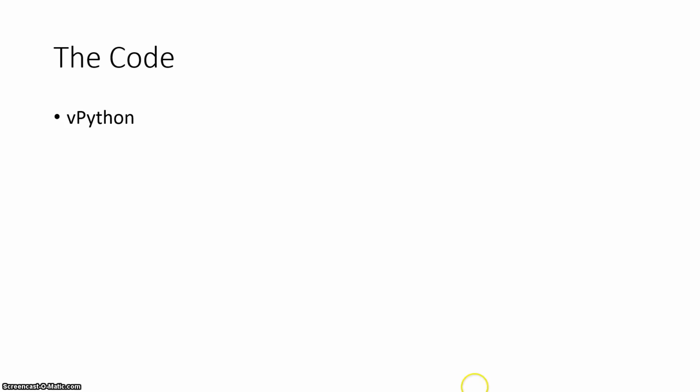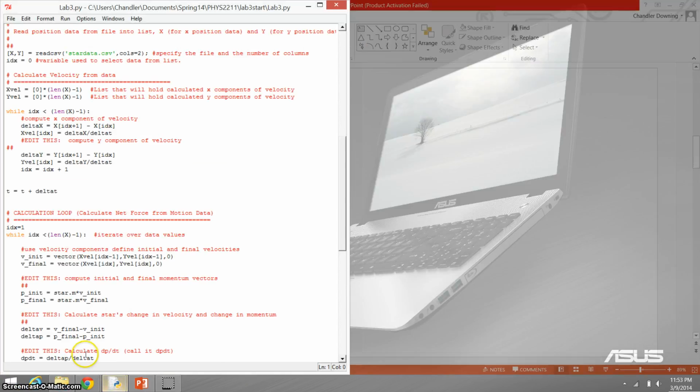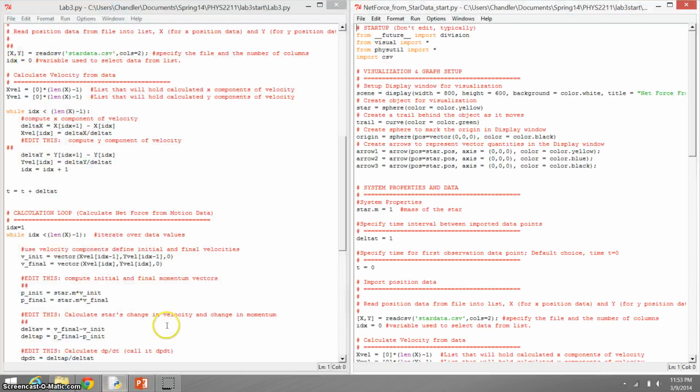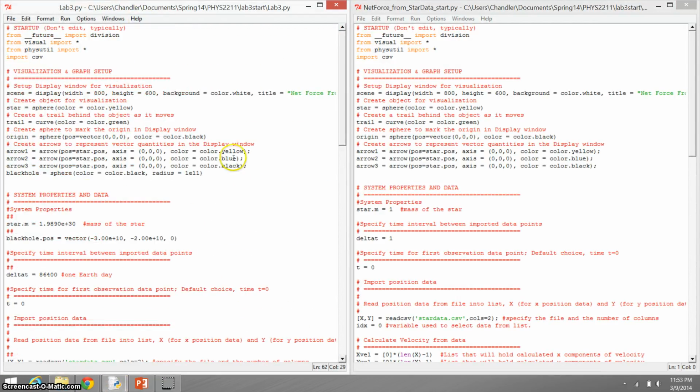Alright, to the code. So first here I'm going to exit out of this, go to the code I've changed, and I'm going to show the new changed code here and the old code that we were given without any changes first, so you can see the difference here. So starting off here, I changed the star.m value to what we were given, which is the mass of the star.